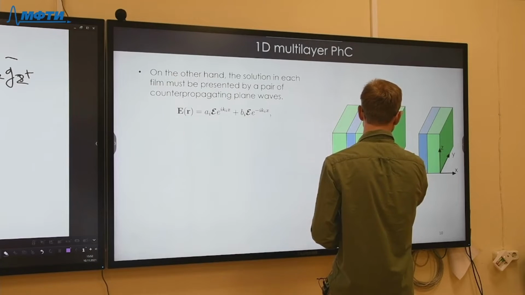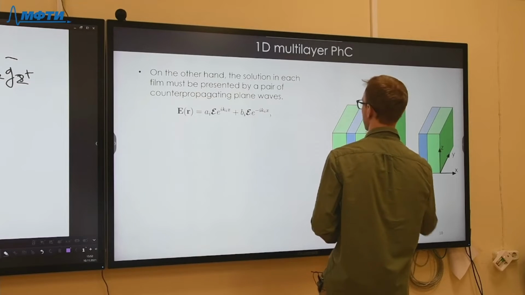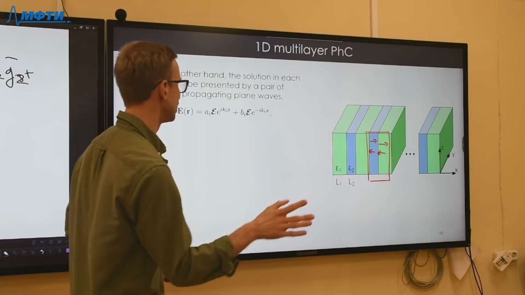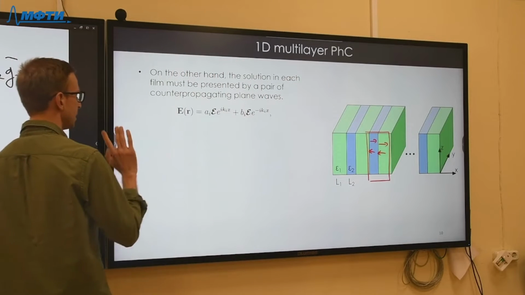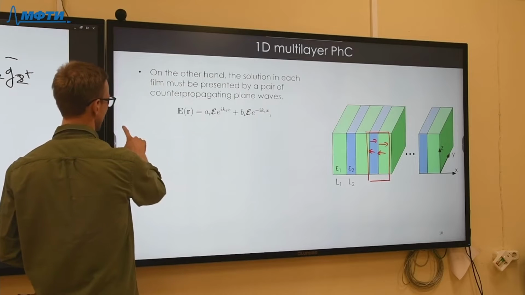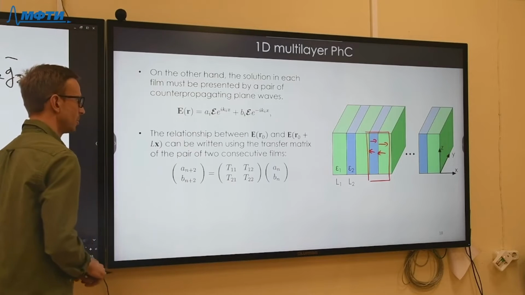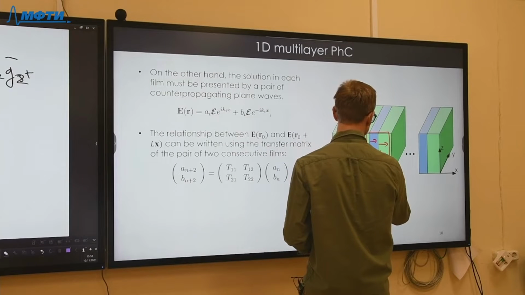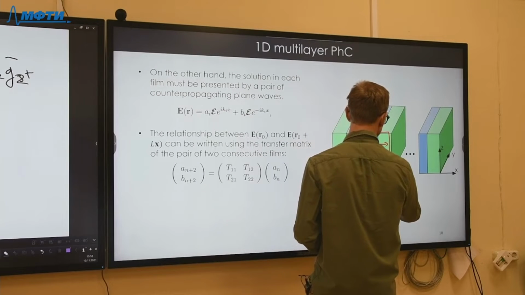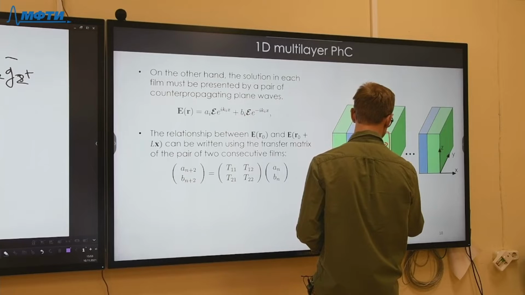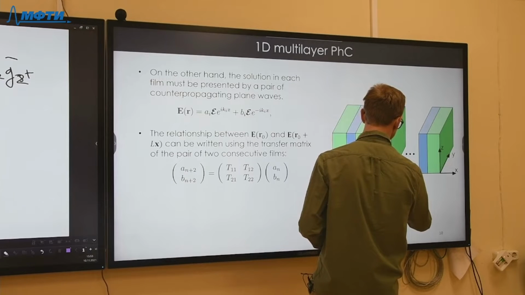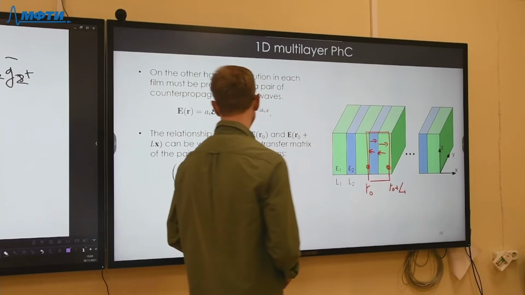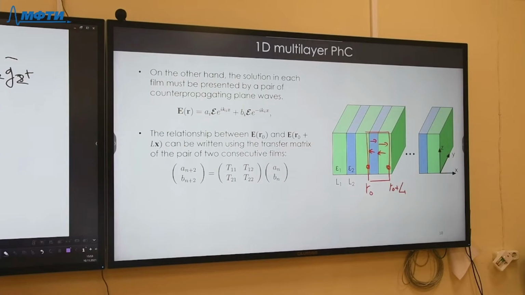So the field here is two plane waves. The field here is also two counter-propagating plane waves with certain amplitudes A and B. I don't care about these amplitudes for now. What I do care about, though, is the relationship between the field exactly here and the field exactly here. This is R0, this is R0 plus L. And I can use the transfer matrix method to find this relationship, right?